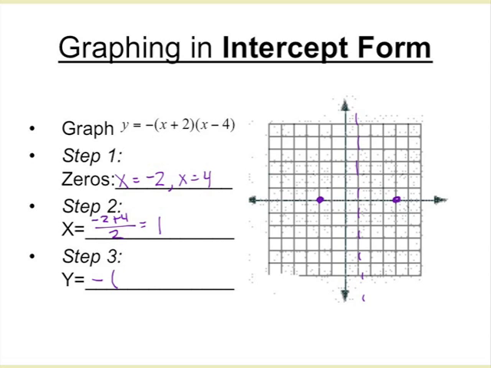Then we're going to take that and plug it into our equation, and that'll tell us how high or low to plot the vertex on that line. So I get -3 times -3, which is 9. You can either adjust your scaling, or you could count up, it'd be 3 spots beyond what the grid is.